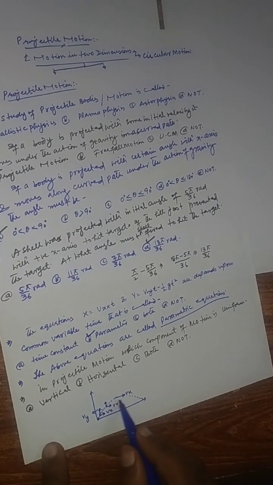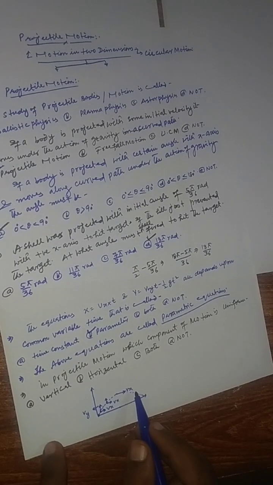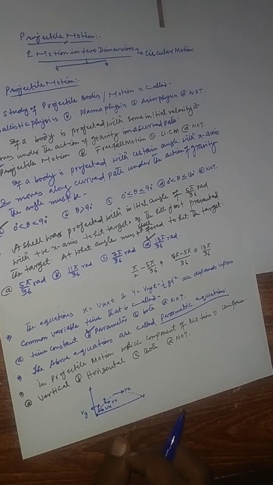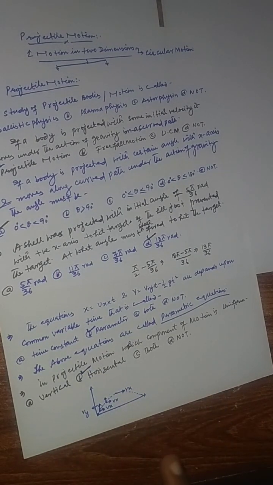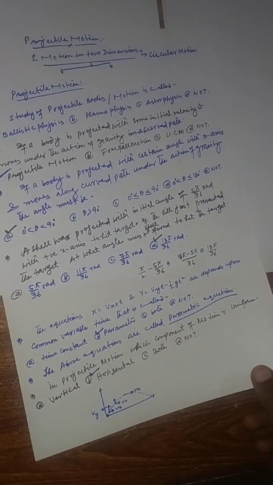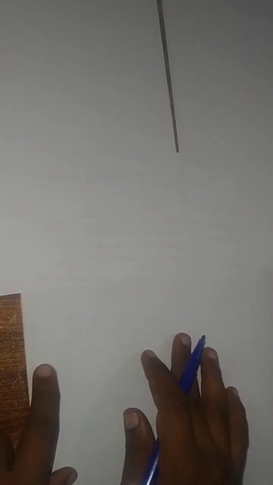So Vx component is constant because gravity does not affect the horizontal component of velocity. So that's why acceleration जो है वो produce नहीं होगी. So that's why the horizontal component of projectile motion is taken as uniform motion. If horizontal motion is uniform, then the acceleration along the horizontal will be 0.